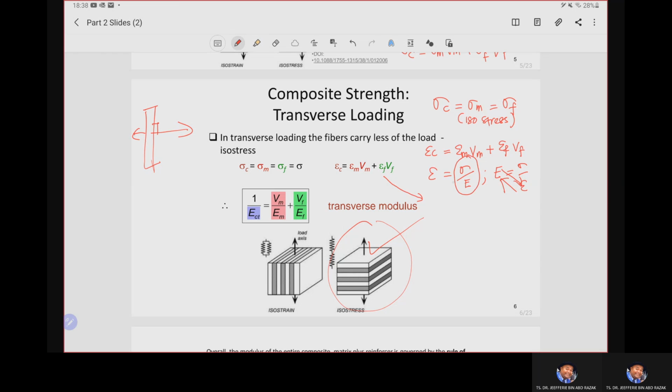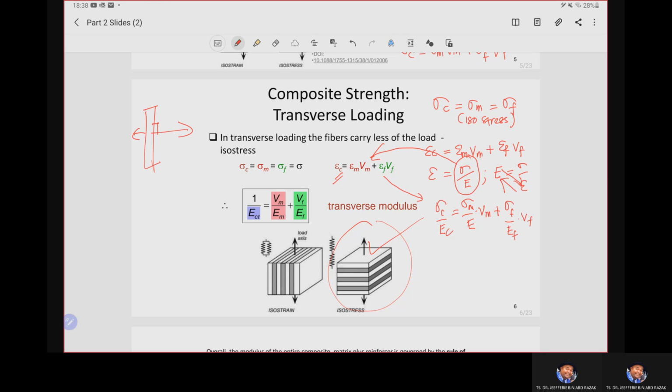So we can substitute each part of this equation with the respective sigma over E. As you can see here, the strain of the composite becomes sigma C over EC equals sigma M over EM times VM plus sigma F over EF times VF.